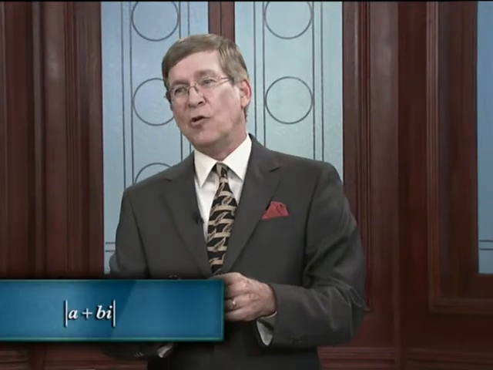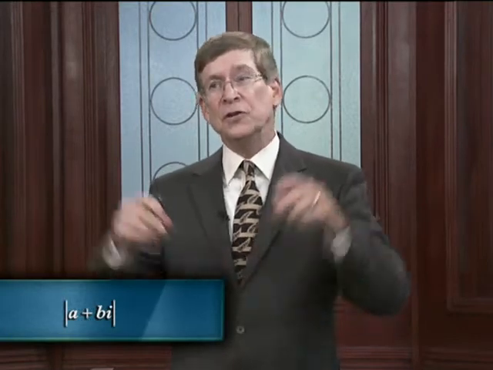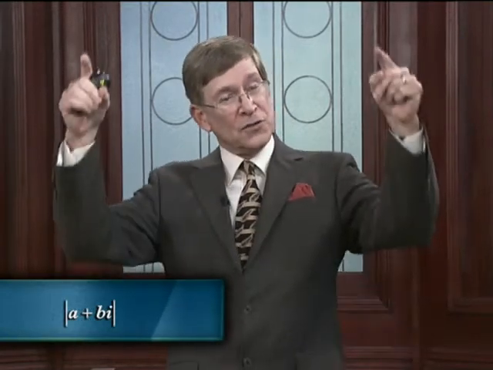Okay, given this geometric interpretation, you can ask, how far is it from a complex number down to the origin? That's called the absolute value of a complex number, its length. The notation here is absolute value, the same notation as with real numbers, a plus bi with vertical bars.